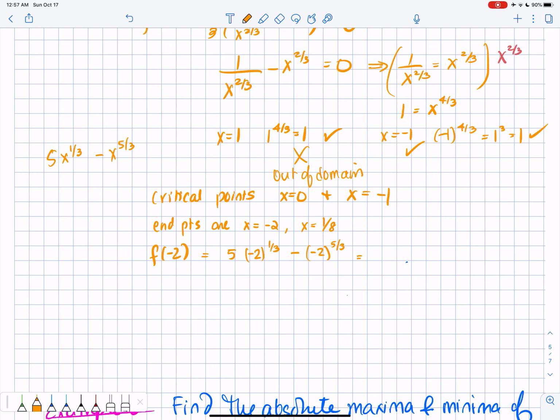Okay, so the cube root will just give you minus 5 times the cube root of 2, minus, raised to 5 will give you minus, and minus will stay minus, so it'll become plus 2 raised to 5, which will be 4, 16, 32, and the cube root of 32. Or if you want, let's just write it like that.